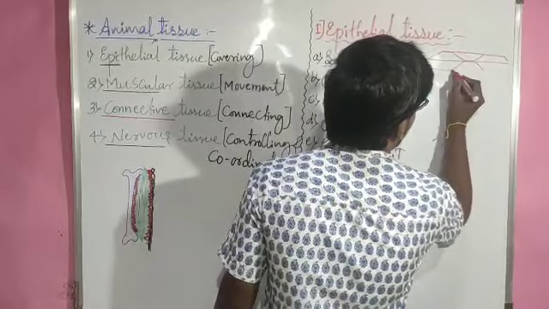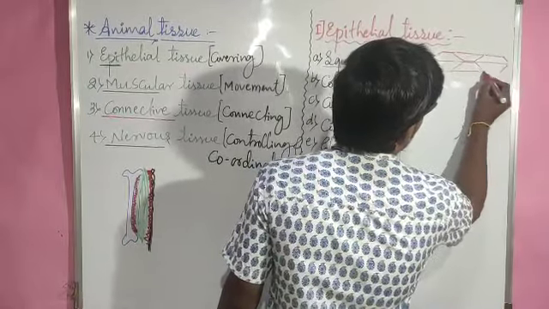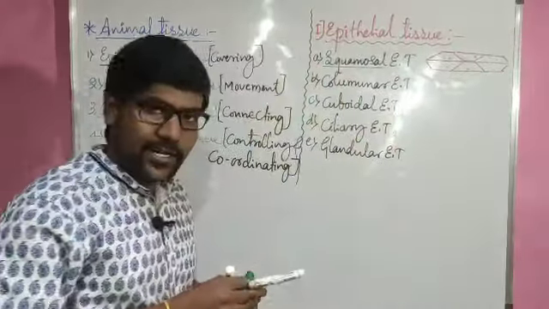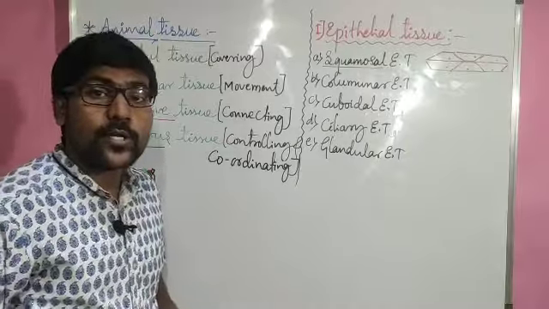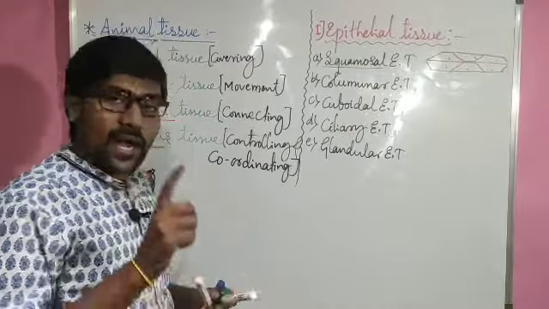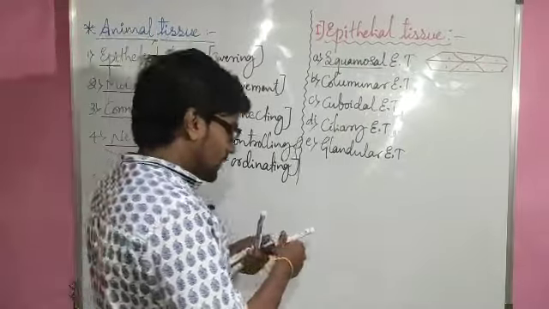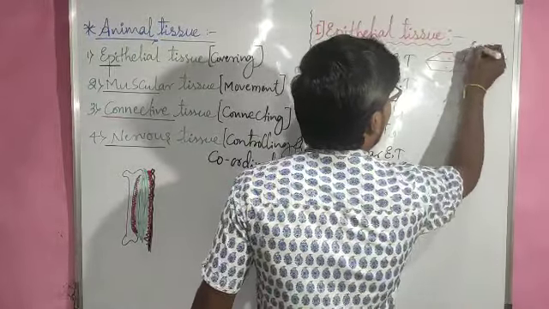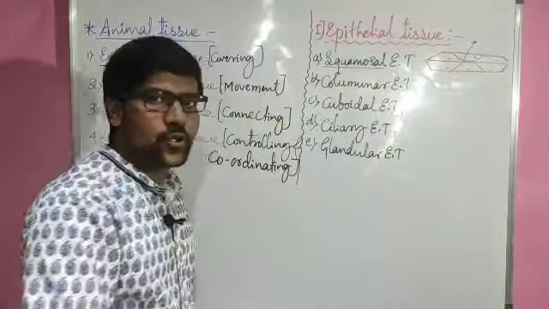So this is the next epithelial cell, and this is the next epithelial cell. Like that, so many epithelial cells get connected here. Yes, polygonal shaped cells. And a major thing is, these polygonal epithelial cells do not have any gap. There is no gap actually in between the cells.